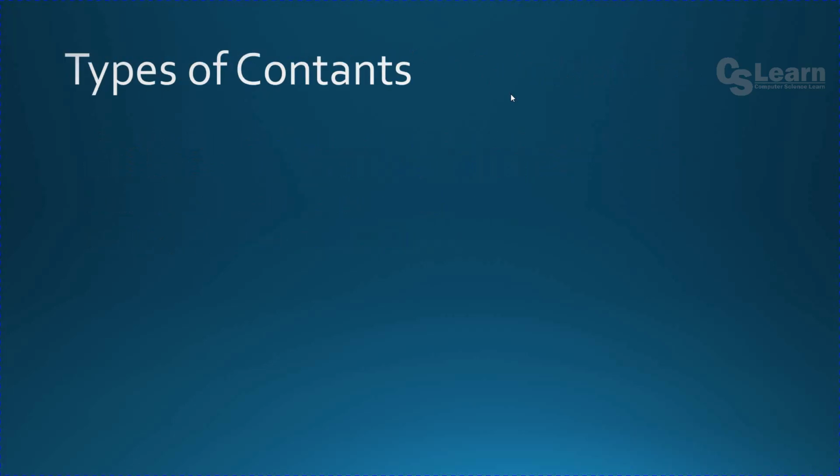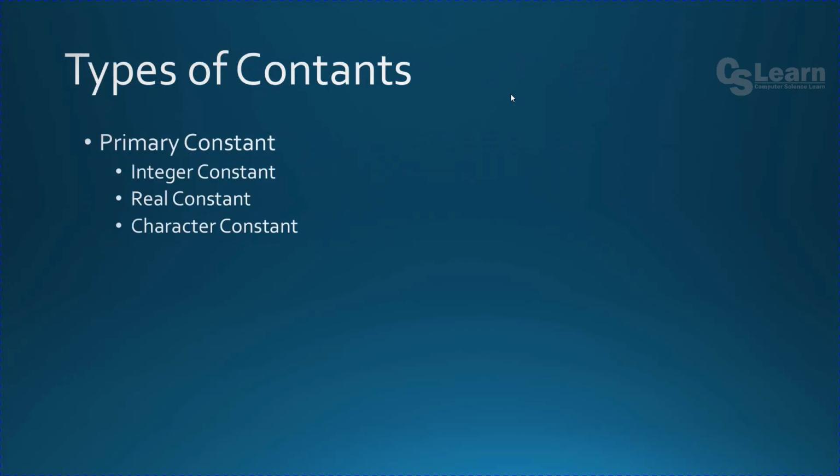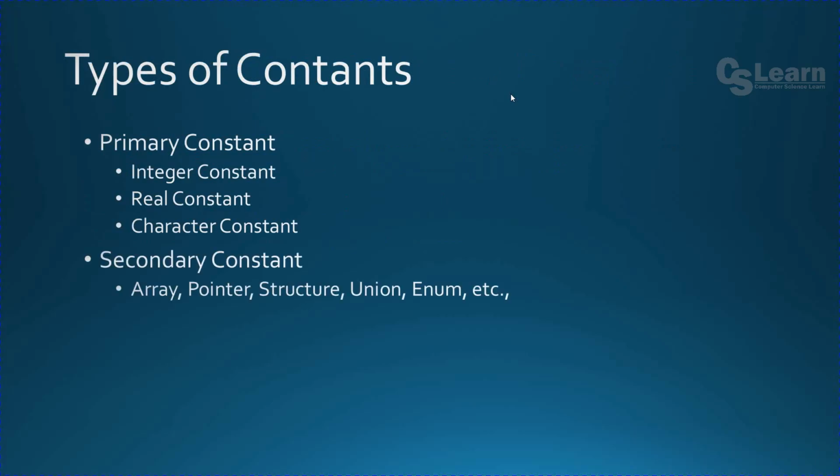We have types of constants: firstly the primary constants, and secondly the secondary constants. A primary constant is classified into three categories: integer constant, real constant and character constant. The secondary constants are array, pointers, structures, union, enum, etc.